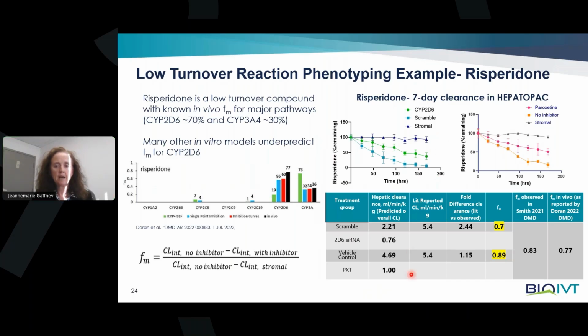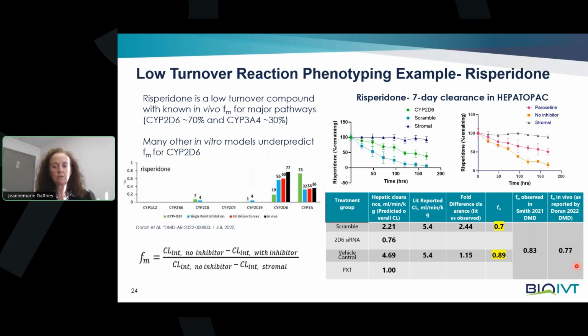Once we had predicted the clearance using these 2 different methods, we did then also do calculations for the FM. The FM was calculated using the siRNA knockdown method to be 0.7, and using the chemical inhibition method was calculated to be 0.89. We did want to point out that there is a publication by Smith in which HEPATOPAC chemical inhibition has been run, and they had a calculated FM of 0.83.